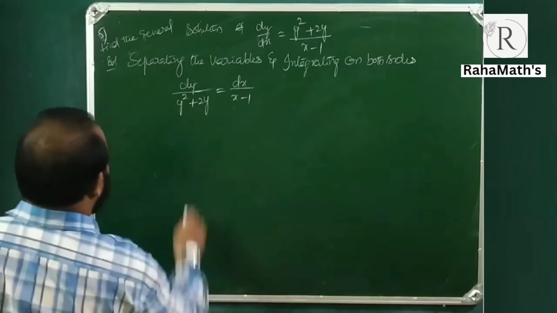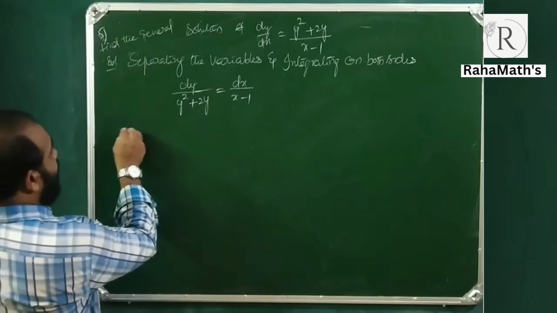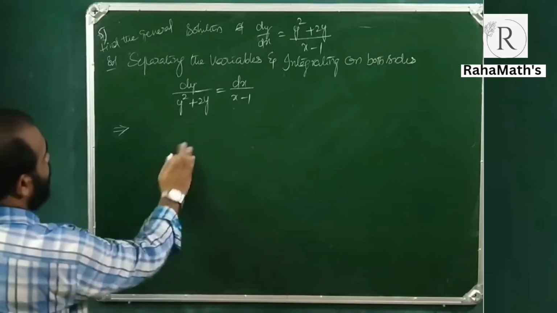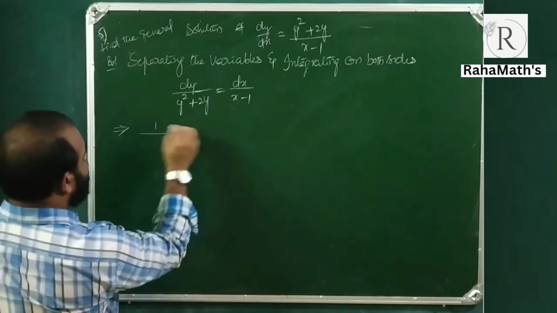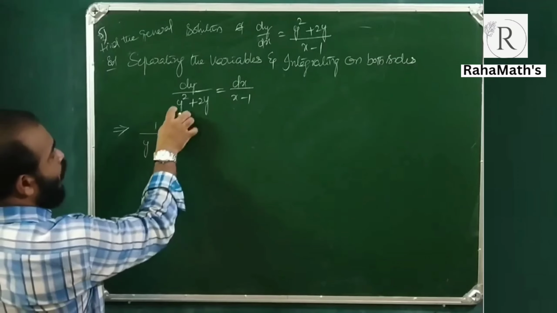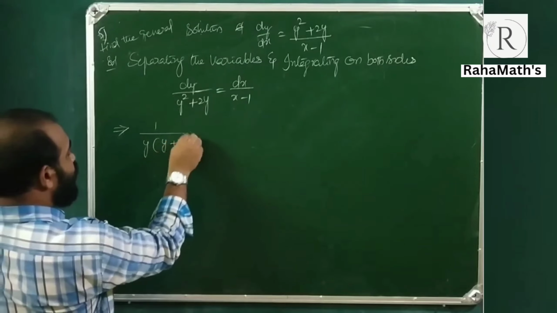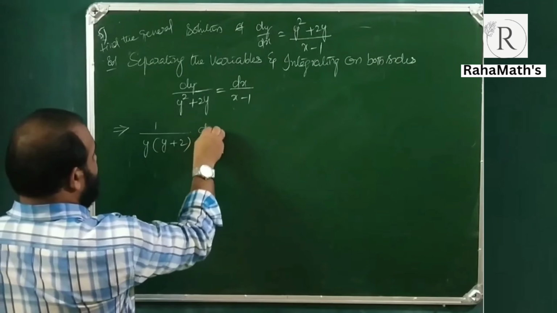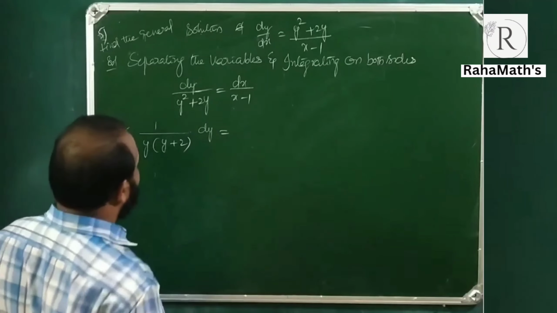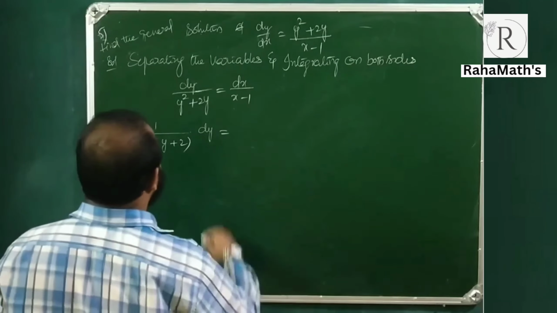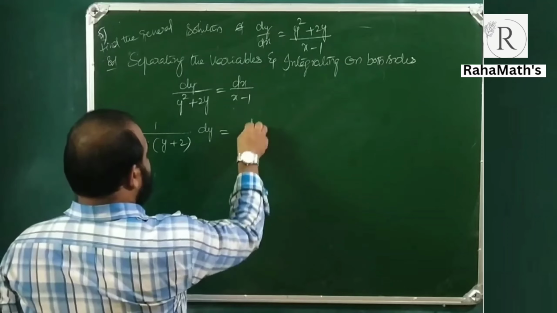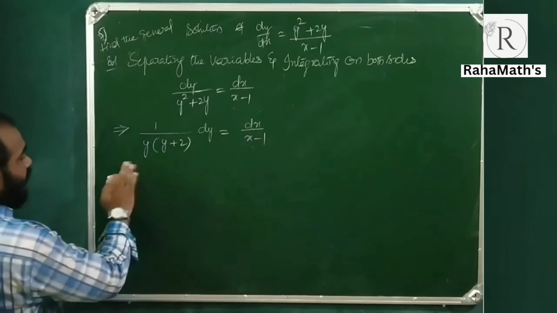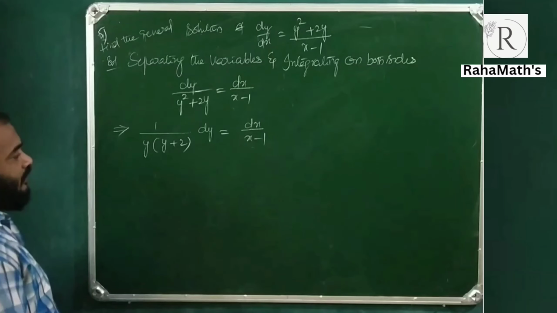Now this can be written as 1 by y, taking y common, (y + 2) dy, equal to dx by (x − 1).